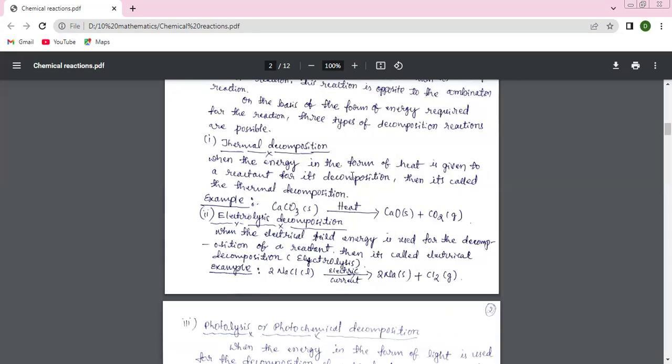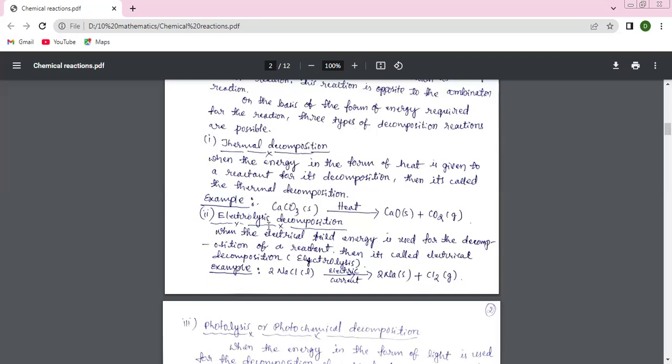When energy in the form of heat is given to a reactant for its decomposition, it's called thermal decomposition. Thermal generally means heat energy, and hence the energy supplied to decompose a substance is the thermal energy or the heat energy, and hence it is called thermal decomposition.